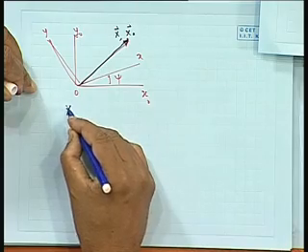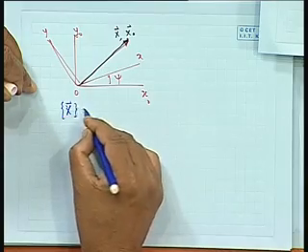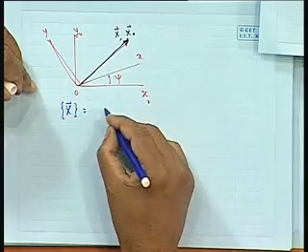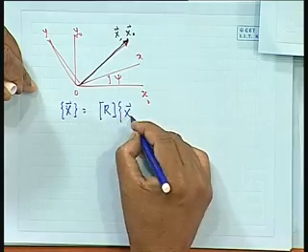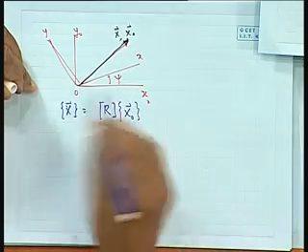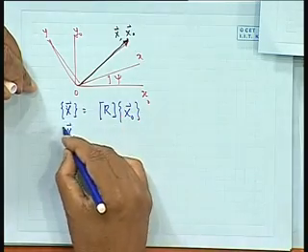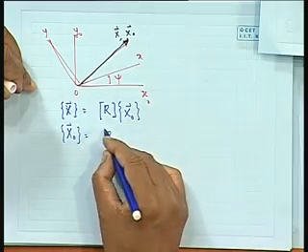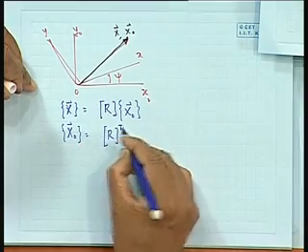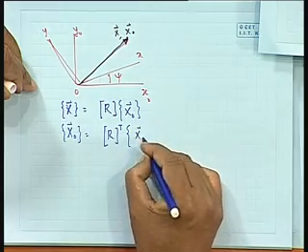In other words, you can say that x in system 1 can be related to a transformation matrix times x0 in system 2, and similarly the inverse, which is the transpose, gives x0.